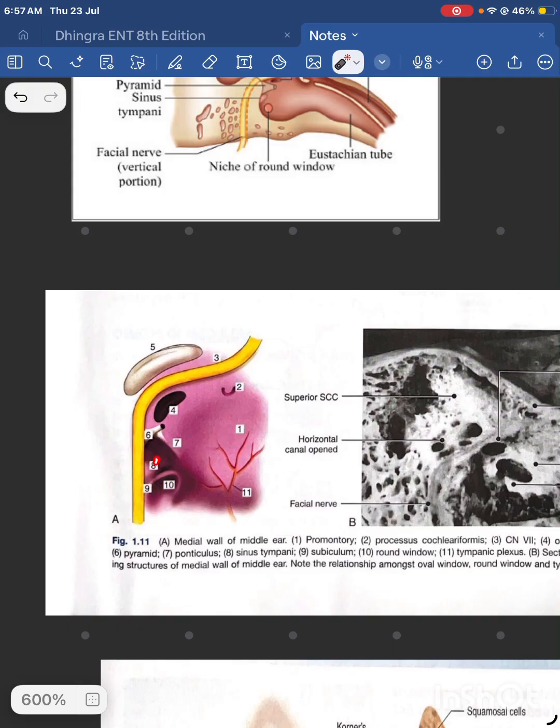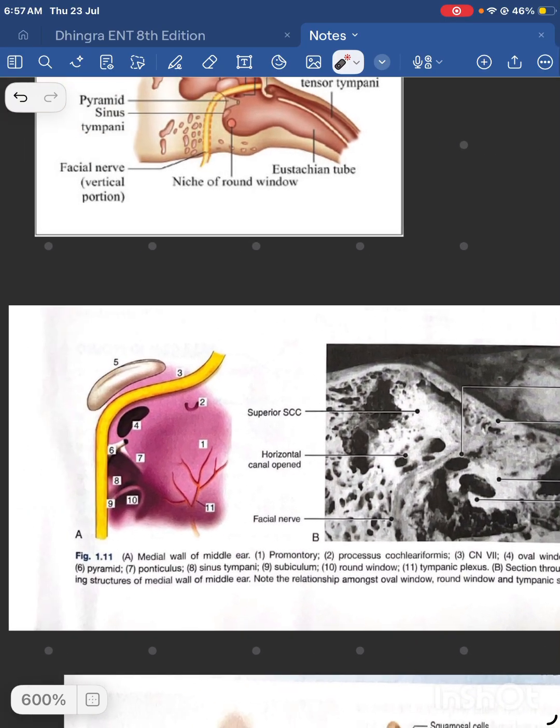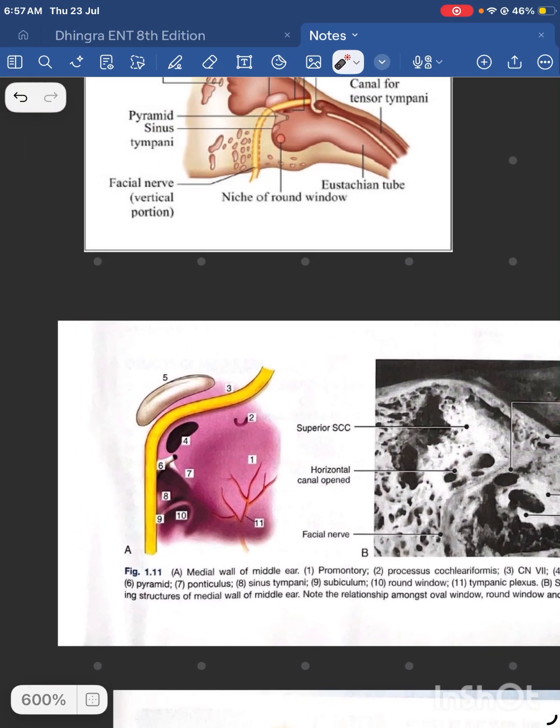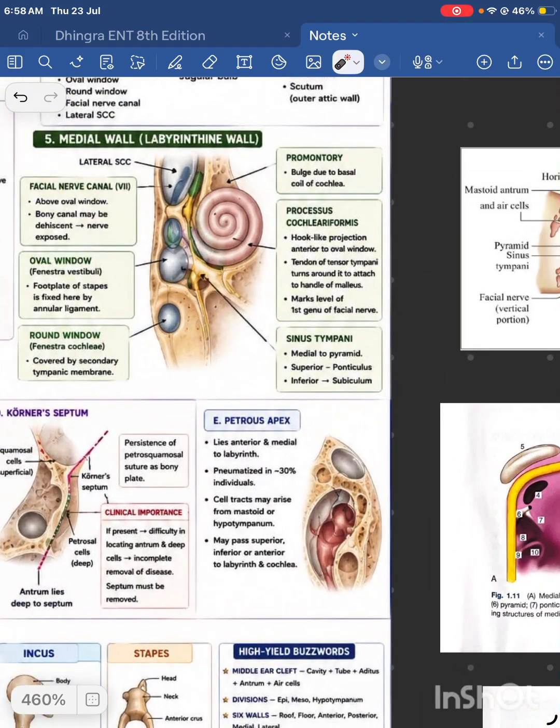So superior to this sinus tympani we have your ponticulus, and just below it we have the subiculum. That's why it is written: medial to the pyramid, superior is ponticulus, inferior is subiculum.